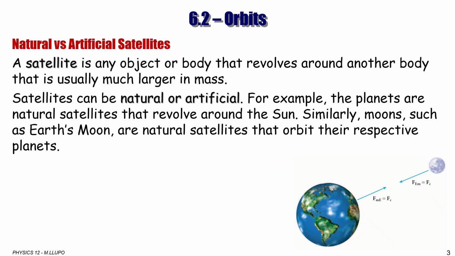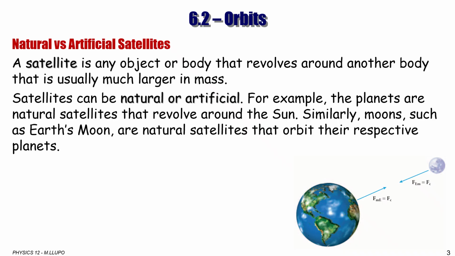Let's look at natural versus artificial satellites. A satellite is any object or body that revolves around another body that is usually much larger in mass. Satellites can be natural or artificial. For example, planets are natural satellites that revolve around the Sun. In a very similar way, moons, such as Earth's moon, are natural satellites that orbit their respective planets.